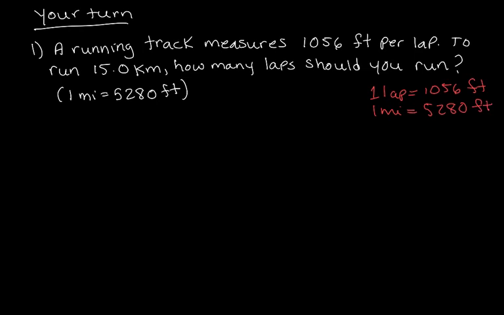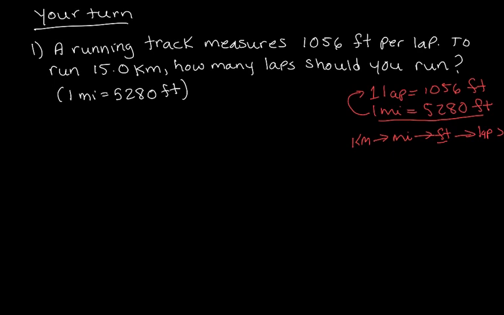The problem is that we're not given the amount of miles we ran, we're given the amount of kilometers. So it seems we need to first convert from kilometers to miles, and then from miles we can go to feet using this conversion factor, and then we can use this conversion factor to go from feet to laps. So this is going to involve 1, 2, 3, 4 steps.